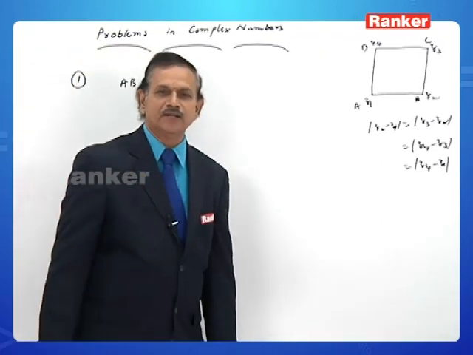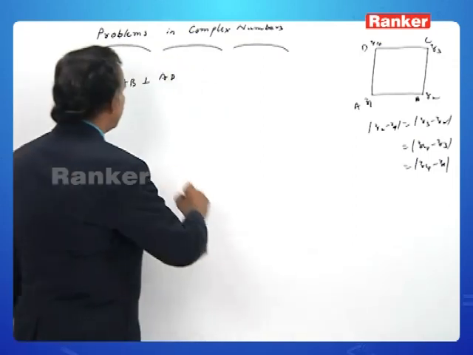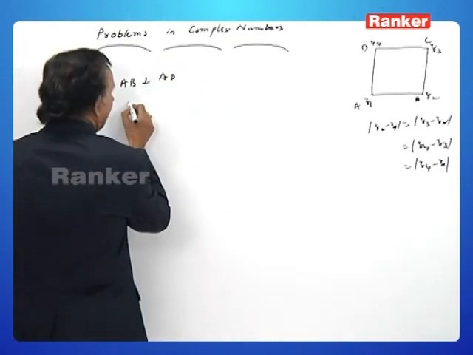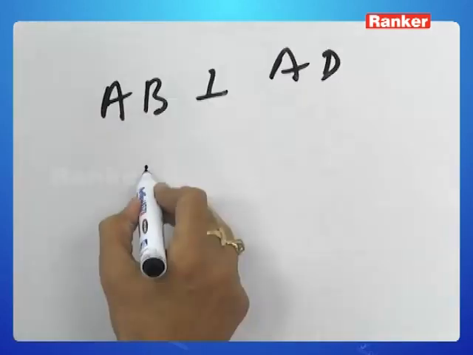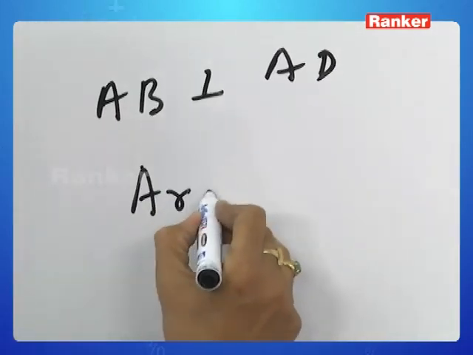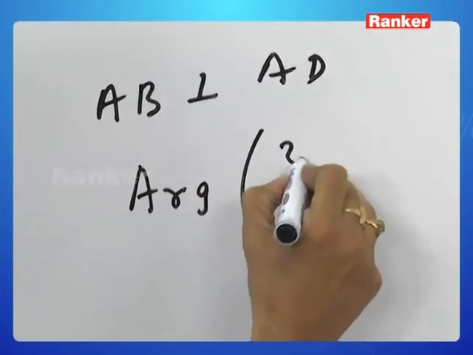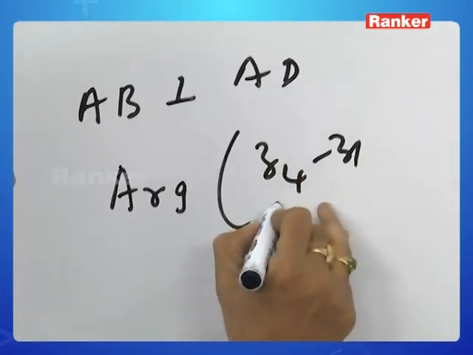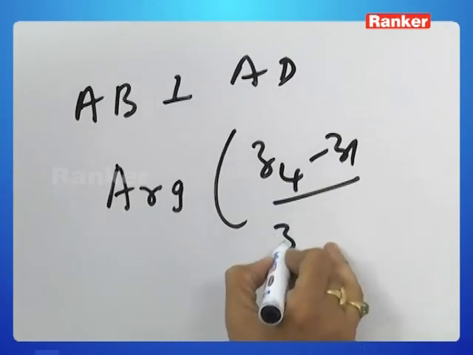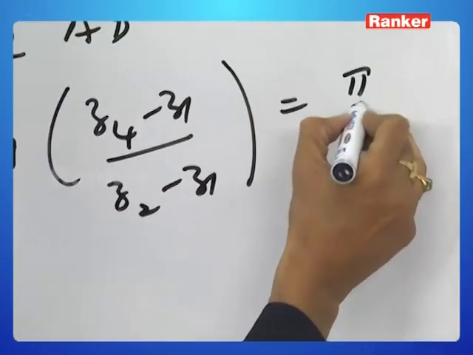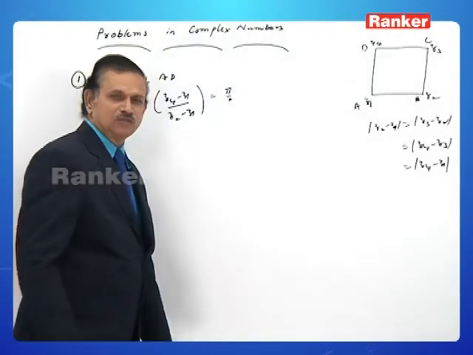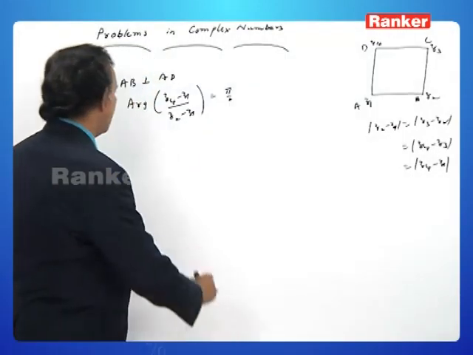This implies the angle between AB and AD is 90, which we can measure as argument of (Z4 minus Z1) by (Z2 minus Z1) is equal to pi by 2.